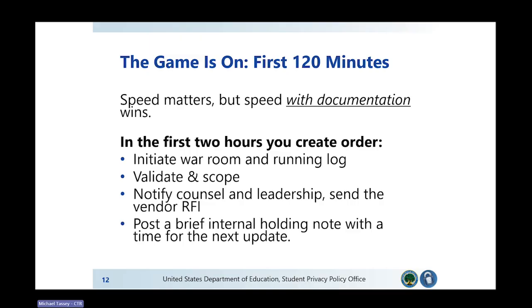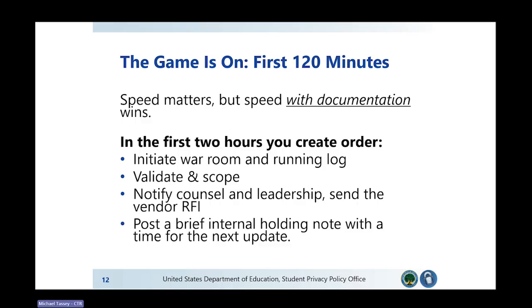And I'll foot stomp this again. It's important to timestamp these decisions and include traceability as to who makes these decisions, right? This running log of time-stamped, this is what the incident response team did, is how you show one, compliance with the law, but two, competence in your process and due diligence on the part of your organization.